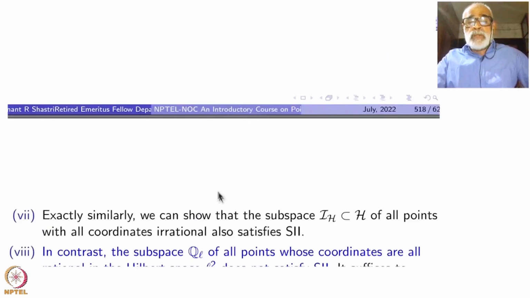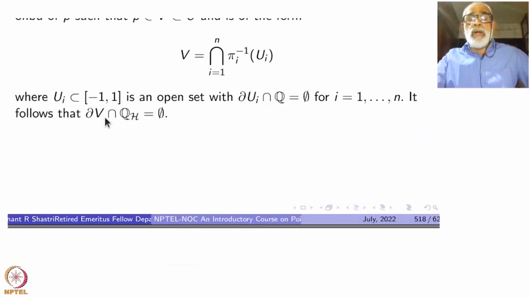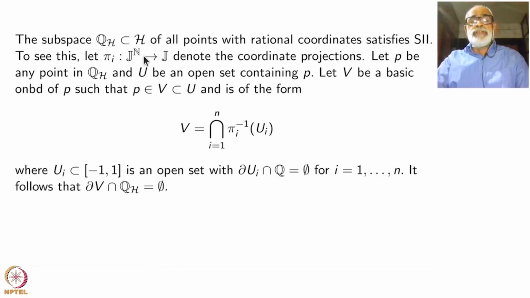Automatically it will imply that boundary of V intersection QH is empty. See, this V is a subset of the entire I power n, or you can think of H, whatever, I am taking H. Intersection with QH is empty because for a boundary point, at least one coordinate will be irrational, because here each of them has boundary irrational.